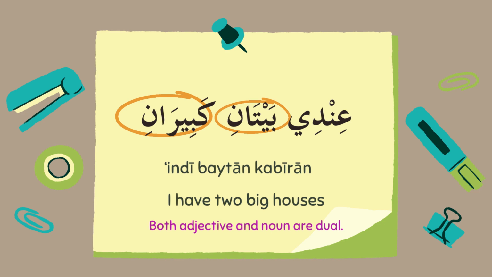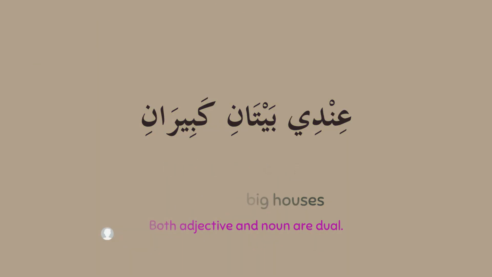Kabirani is the sifa or adjective. Notice that baitani is the dual form, which means there are two houses. Because the noun is dual, the adjective must also be dual. This shows the second rule of al-mutabaqah.